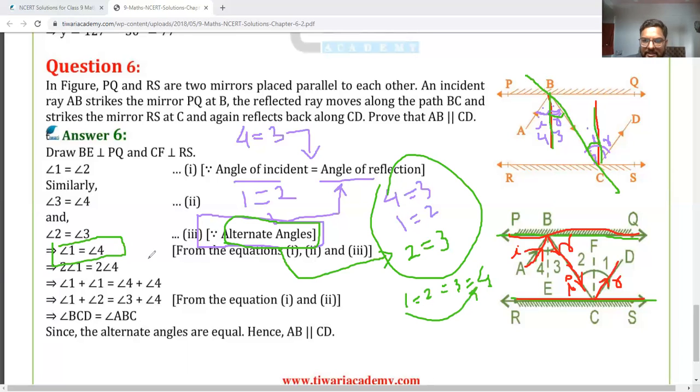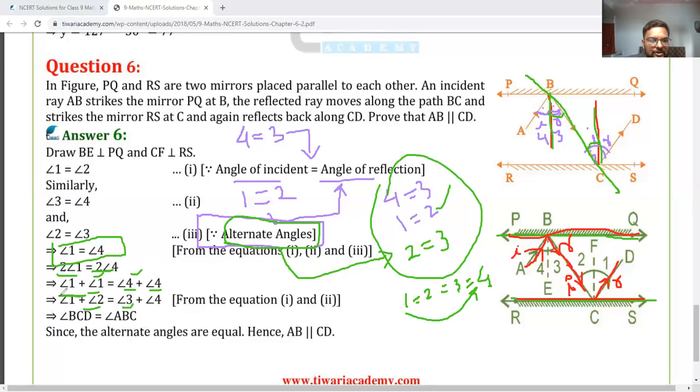Now I'll multiply 2 on both sides. So 2 times angle 1 and 2 times angle 4. Now I'll separate it, that is 1 plus 1 and 4 plus 4. And we know that 1 is equal to 2, so in place of the second 1, I'll write 2. And in place of the first 3, I will write 4.